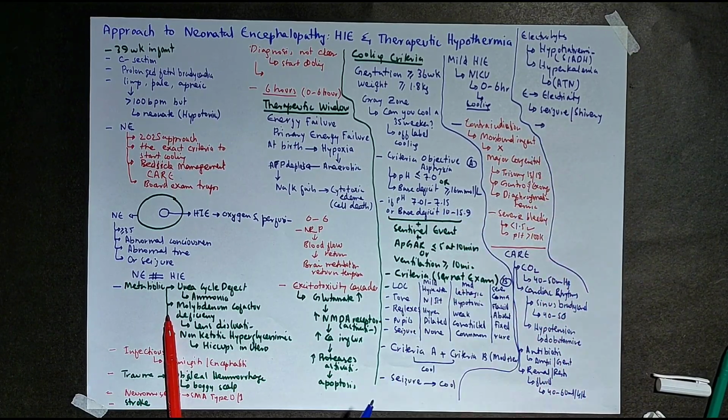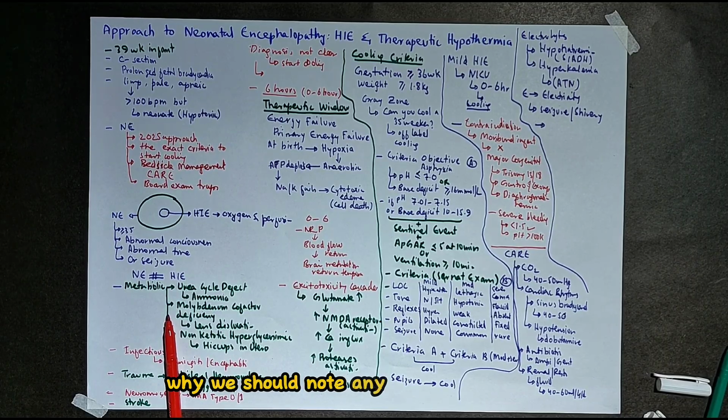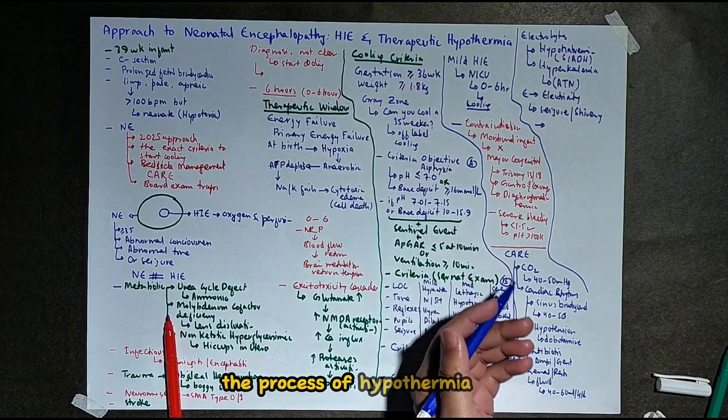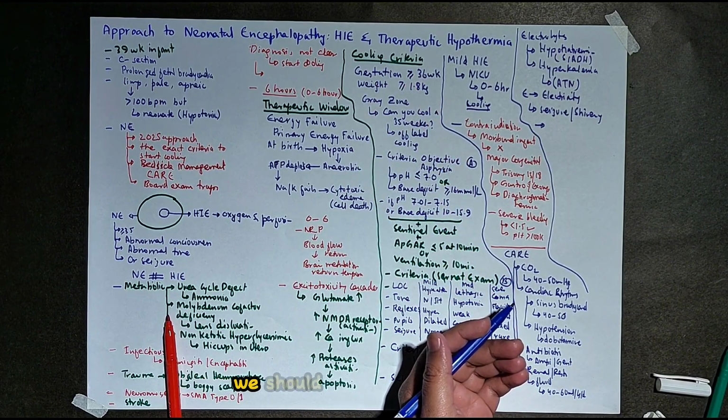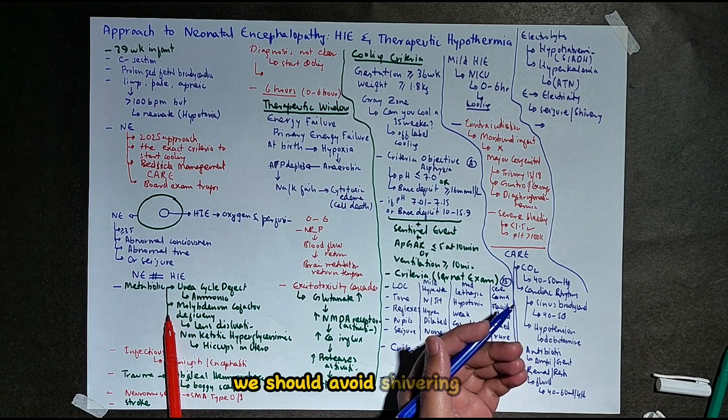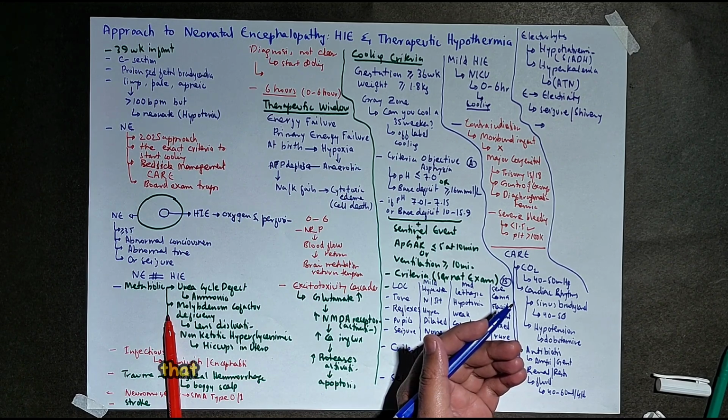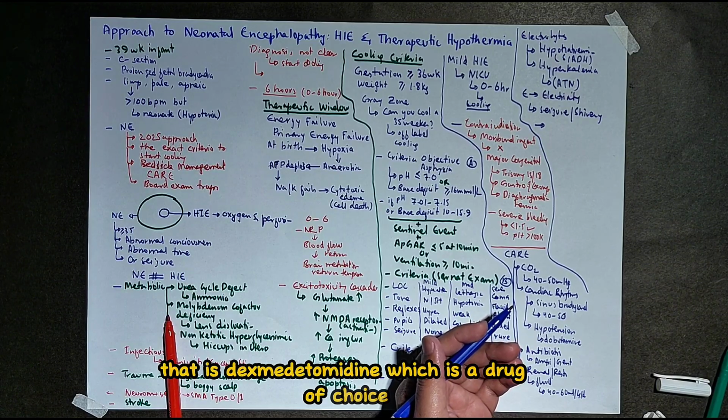For shivering, why should we note any shivering event? Because it is bad for the process of hypothermia because it increases metabolic rate. We should avoid shivering. So we have to give Precedex, that is dexmedetomidine, which is the drug of choice.